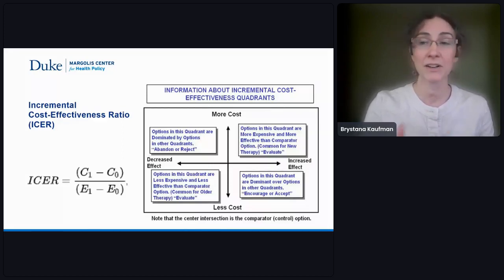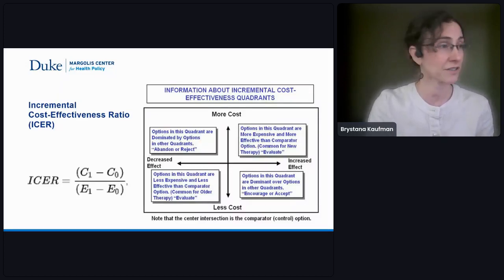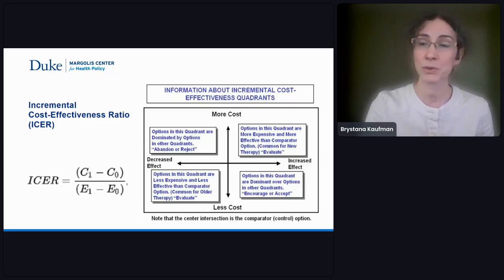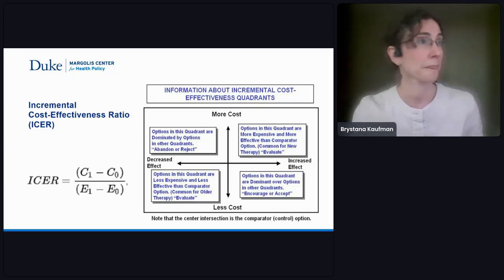And we're comparing the new intervention to either usual care or a more common intervention, a standard of care. And the difference between those two is why we call it incremental, because we're comparing what is the incremental change in the cost and the incremental change in your quality adjusted life year if we implement this intervention compared to what we might do otherwise.